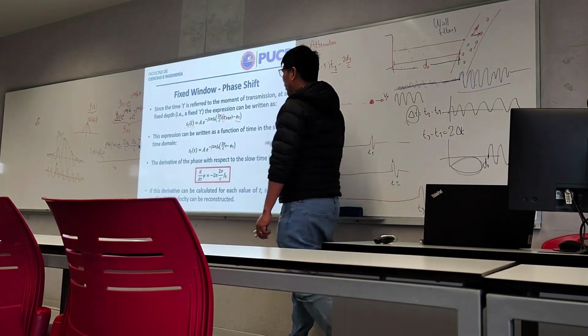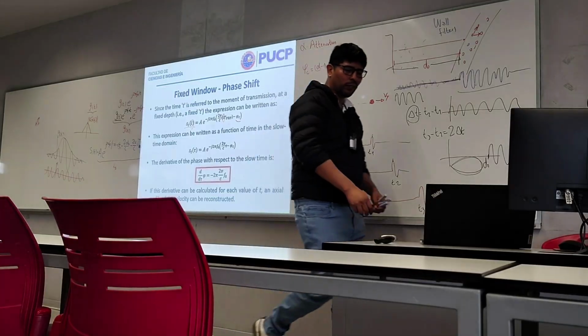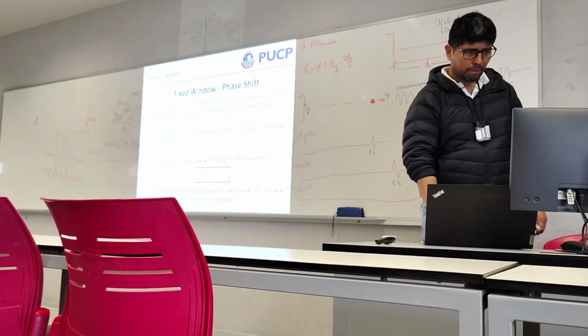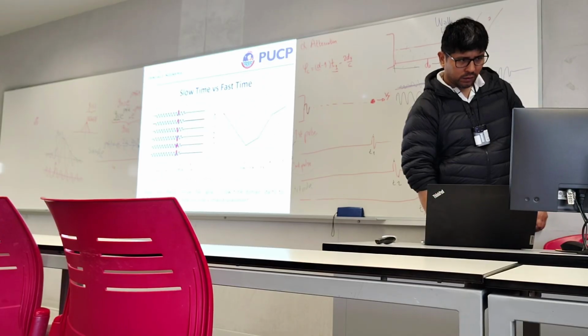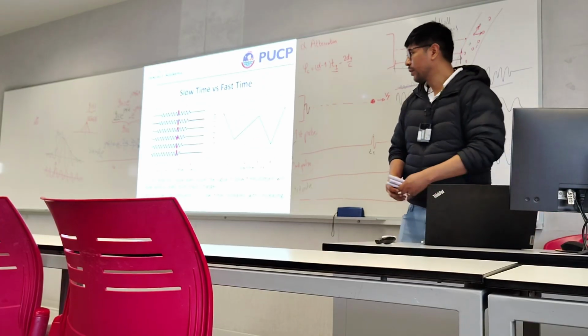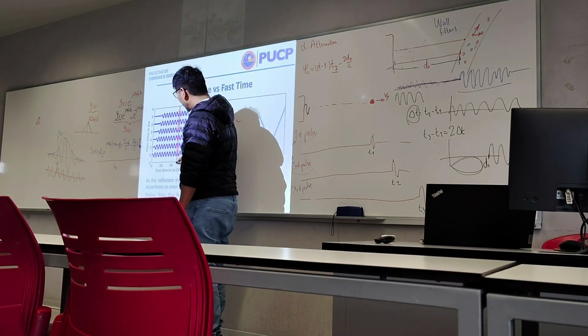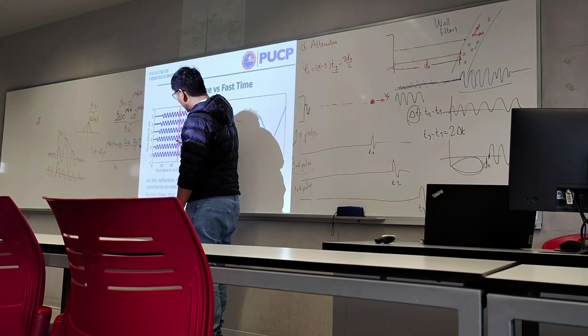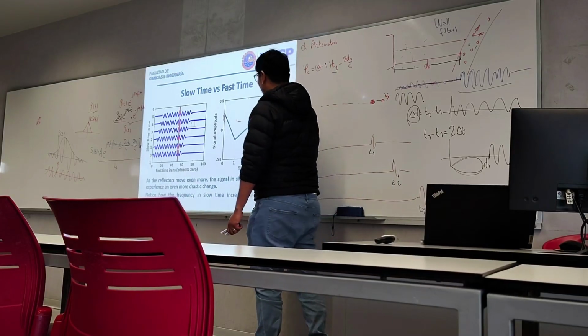So this is what we saw before with the slow time signal. In this part, we said, okay, we fix our observation point in one time and see how the signal is changing. And the signal is changing oscillatory, or with some oscillation.